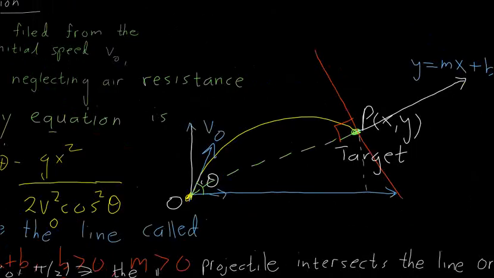Third, the projectile slope at the impact point must be perpendicular to the target line. The perpendicularity is the red line that I've made. I could have made a red dash line, which is perpendicular to the line y equals mx plus b, intersecting the trajectory, the yellow trajectory curve.